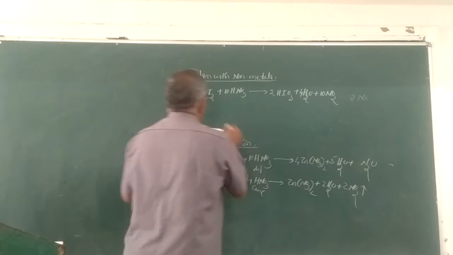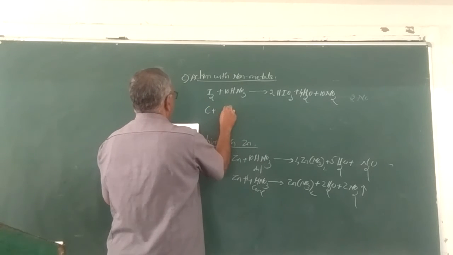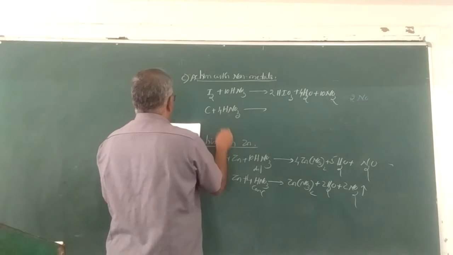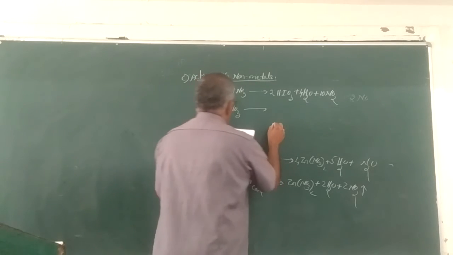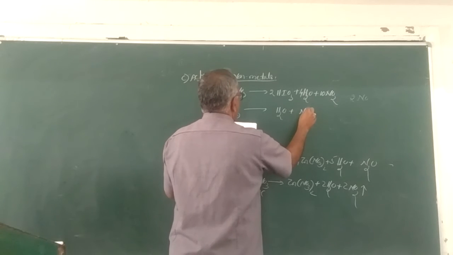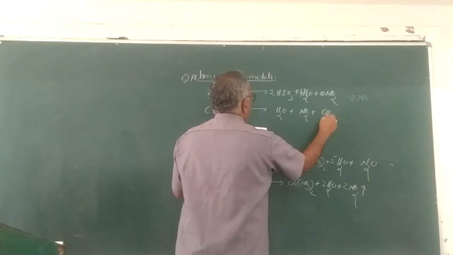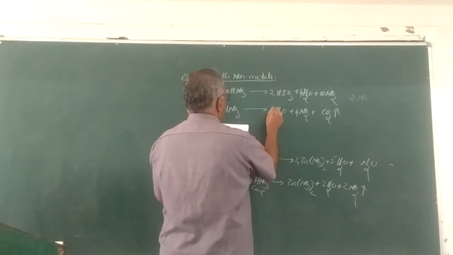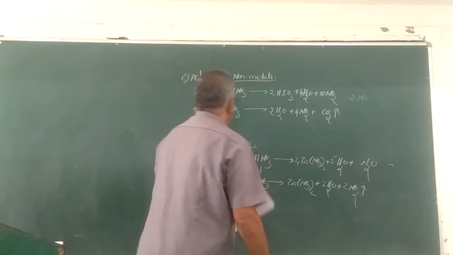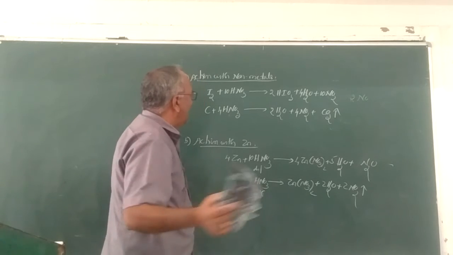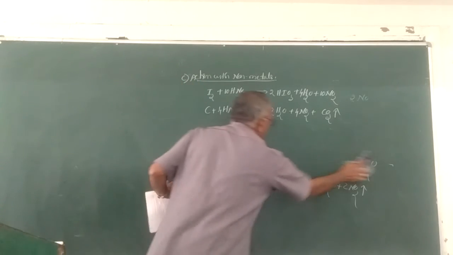And carbon is also oxidized with nitric acid to form water, nitrogen dioxide and liberation of carbon dioxide gas. So carbon is also oxidized into carbon dioxide, and similarly iodine is oxidized into iodic acid.